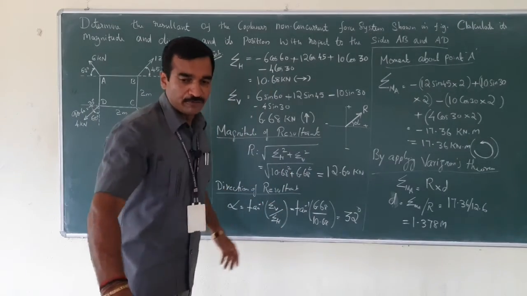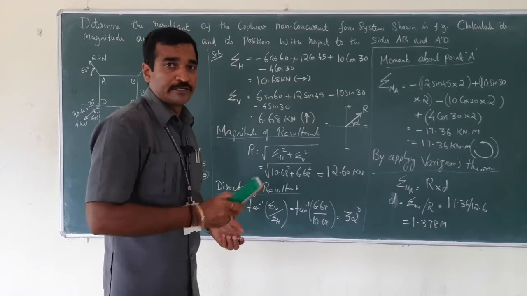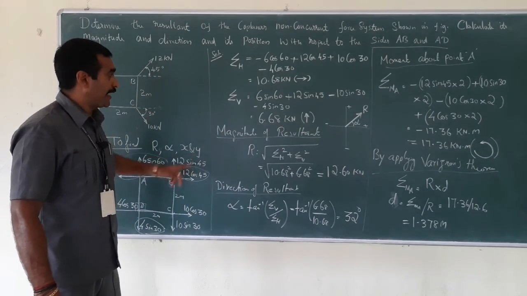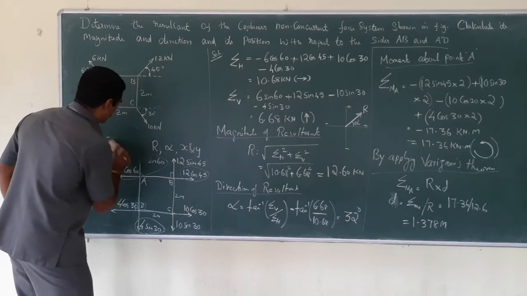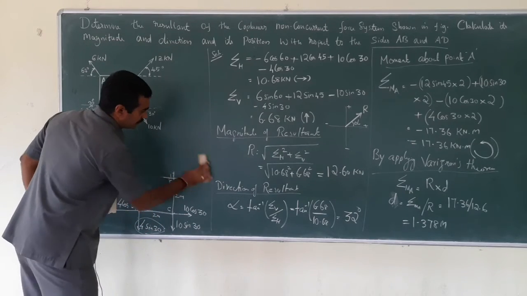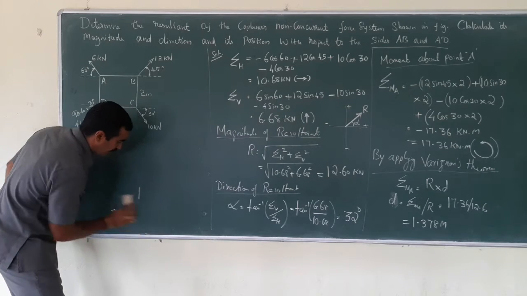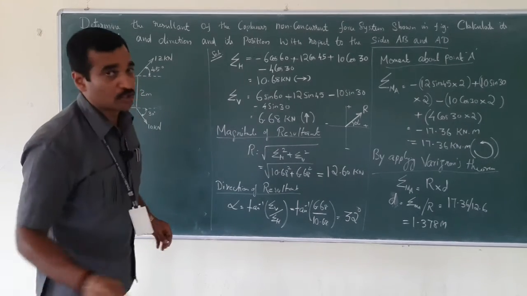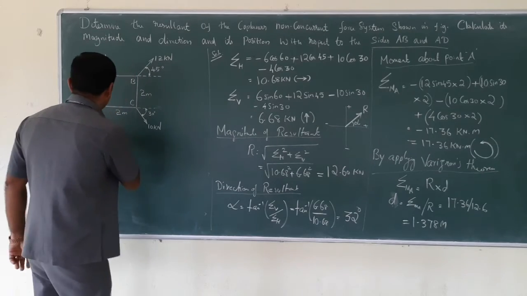Next, what needs to be found here? The distance X and Y. Let me just wipe off this one so that I can calculate the horizontal and the vertical distance in order to locate the resultant.